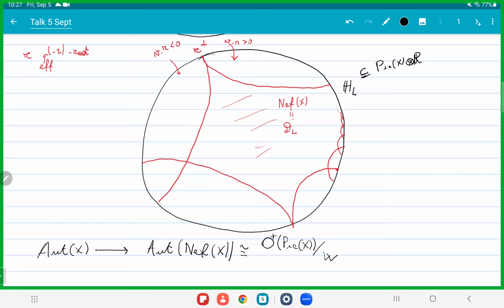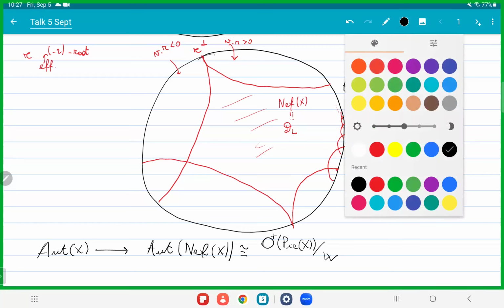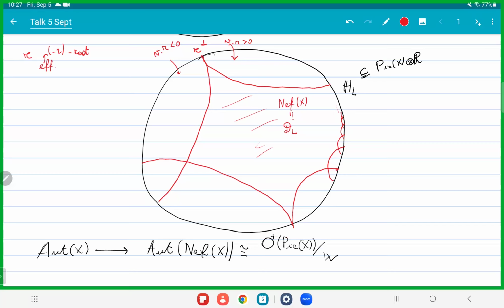And now we can see this really in action, because if we take this -2 root here, this R here, corresponding to this hyperplane here, we can consider the reflection, and the reflection really sends a vector V here to something here.